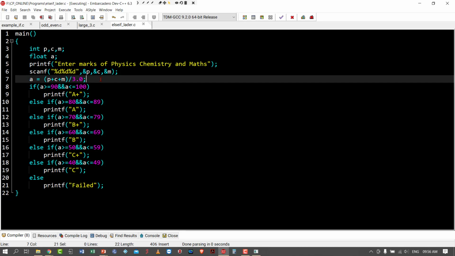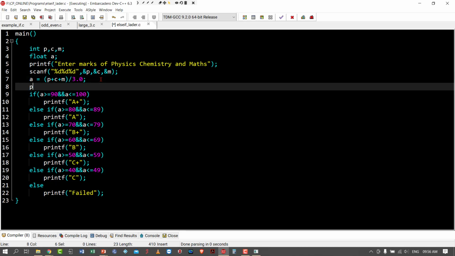So I will print the average value also. So I'm giving printf average equal to percentage f comma a, slash n also.